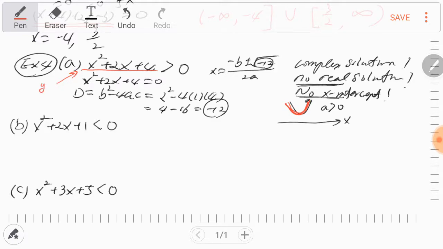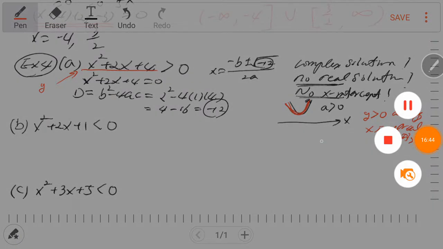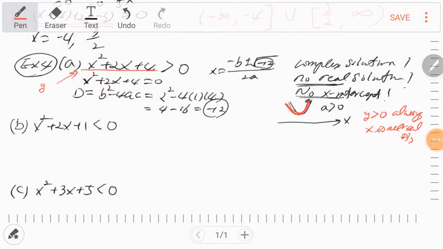Then y is greater than 0 always, so x can be any real number. Make sense? Whatever the x value is, the y value is always greater than 0. So this is the case where the solution of this inequality is all real numbers.